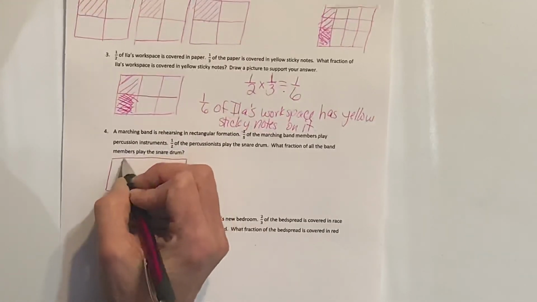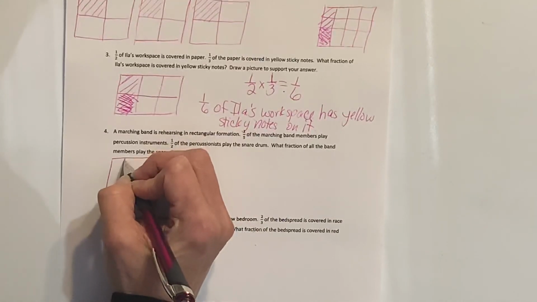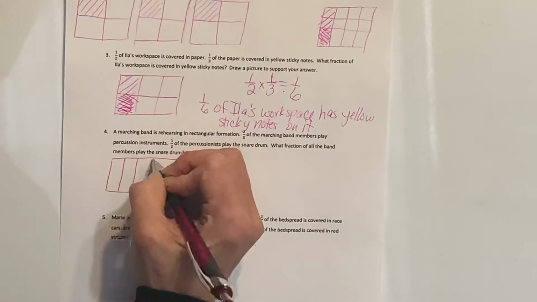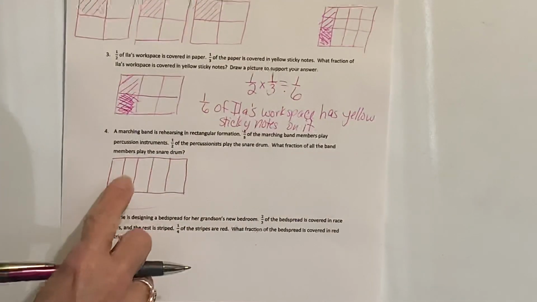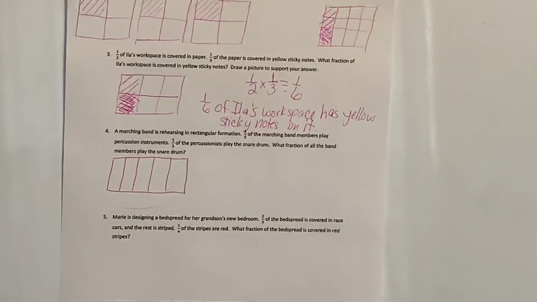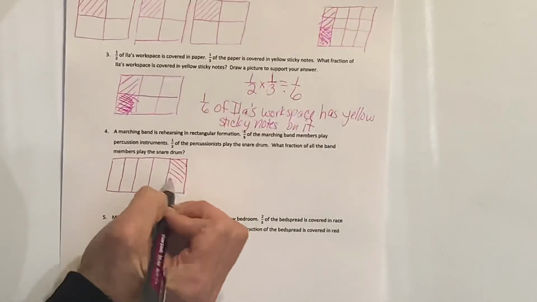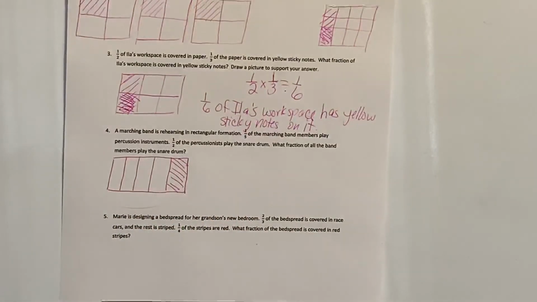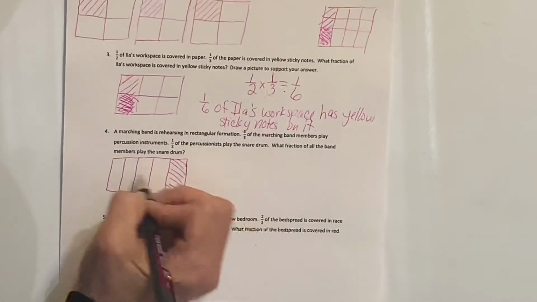So in order to do that, I need to split this whole thing into fifths. 1, 2, 3, 4, 5. 1/5, 2/5, 3/5, 4/5, 5/5, which would equal the whole thing. So 1/5 of the marching band are percussionists. So now I need half of that, because that's going to represent the people who play the snare drum.